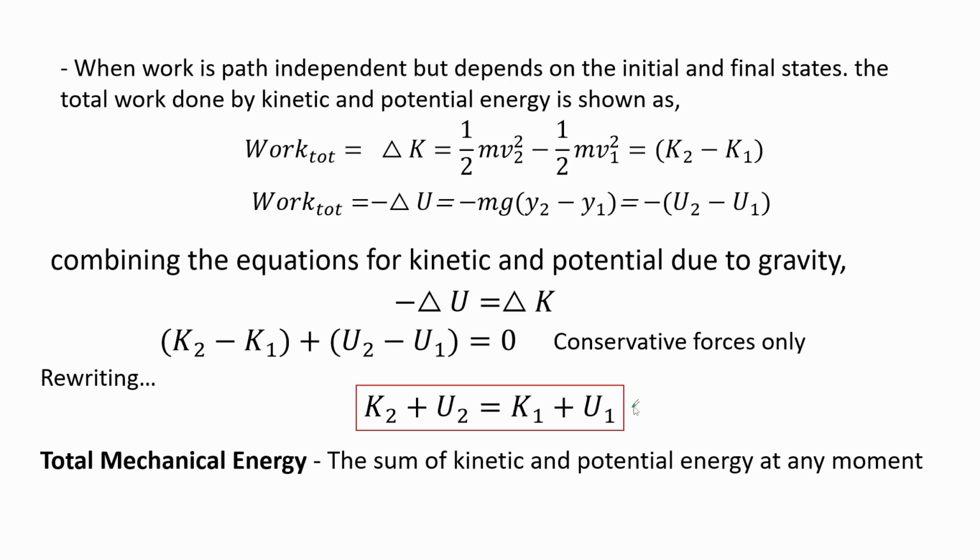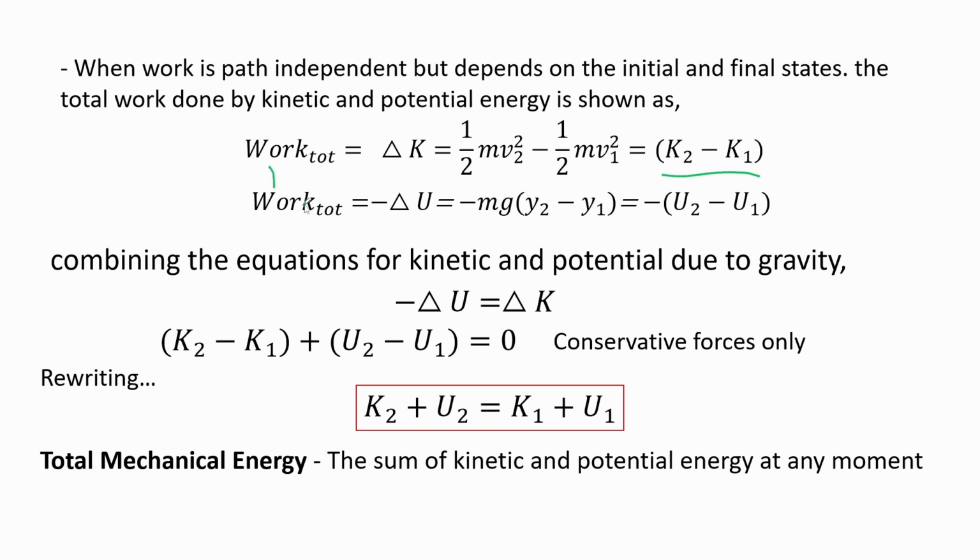When work is path independent but depends on the initial and final states, the total work done by kinetic and potential energy is shown here. So delta K is 1/2 mv2 squared minus 1/2 mv1 squared. So K2 minus K1, or basically delta K. And another work output is negative delta U, which is equal to mg(y2 minus y1), which is the negative of the change in potential energy.